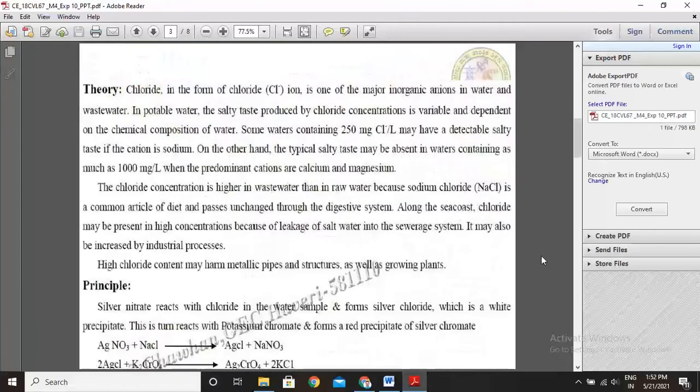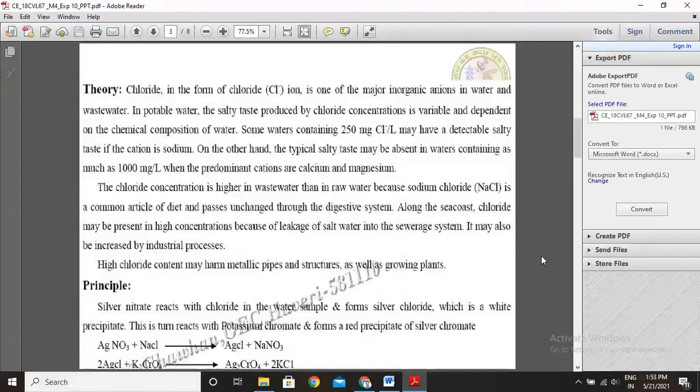Next, the concept and background of chlorides. Chloride, in the form of chloride ion, is one of the major inorganic ions in water and wastewater. In potable water, the salty taste produced by chloride concentrations is variable and dependent on the chemical composition of water.